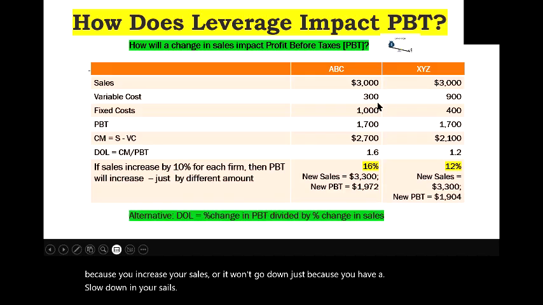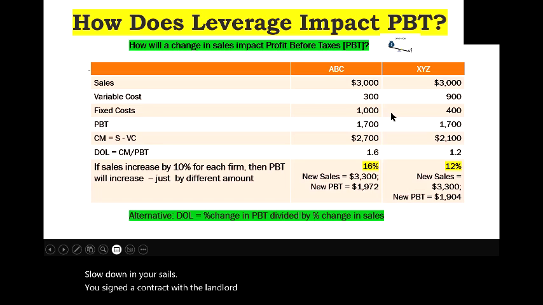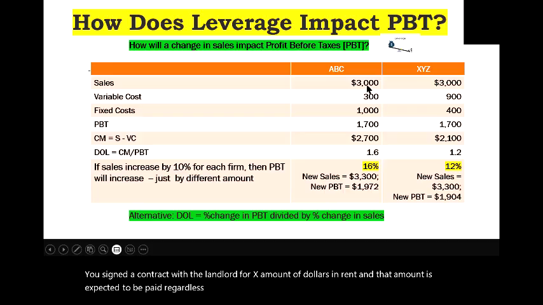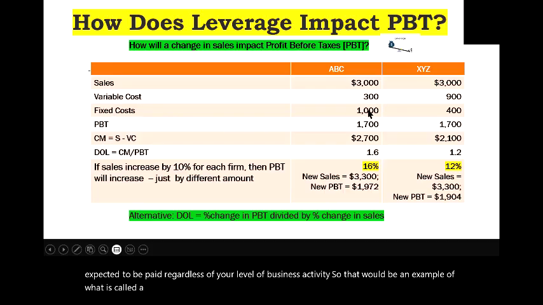You signed a contract with the landlord for X amount of dollars in rent, and that amount is expected to be paid regardless of your level of business activity. So that will be an example of what is called a fixed cost. Doesn't mean the cost will never change, but it's saying that the change is not driven by changes in your business activity.